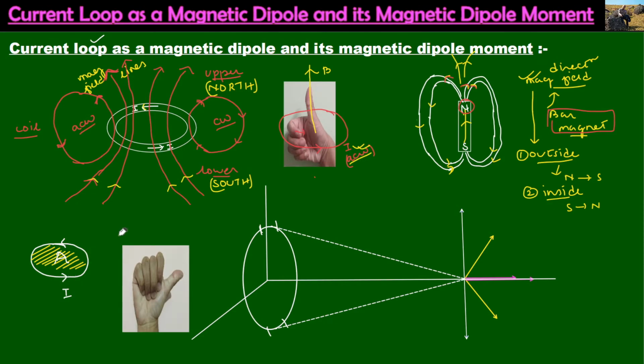Then, what is the concept of magnetic dipole moment? If I have a current I flowing across any conductor, and you multiply the magnitude of the current I with the area of the coil, that gives us the concept of magnetic dipole moment, denoted by the vector M.